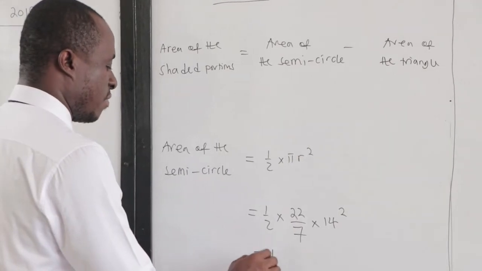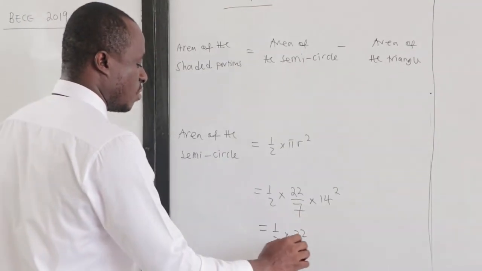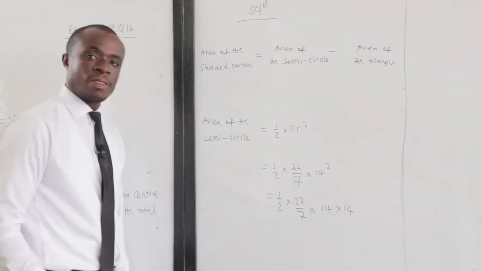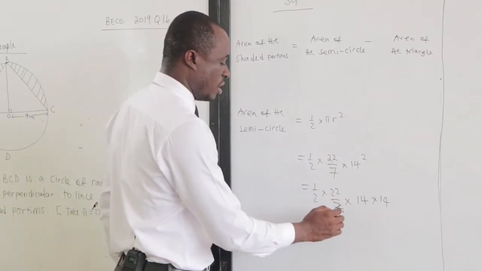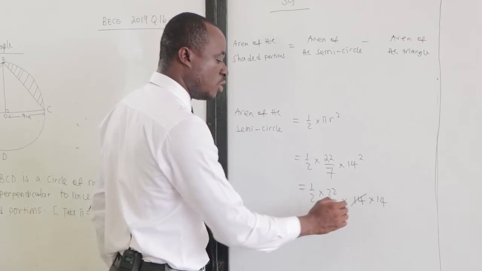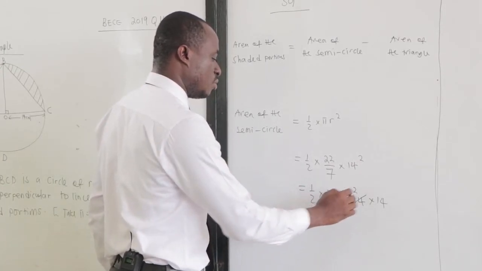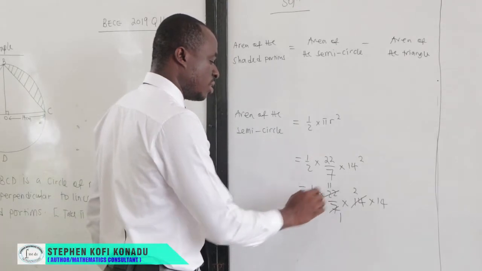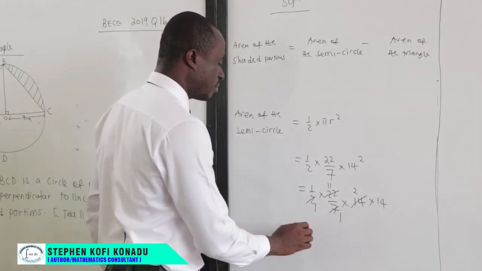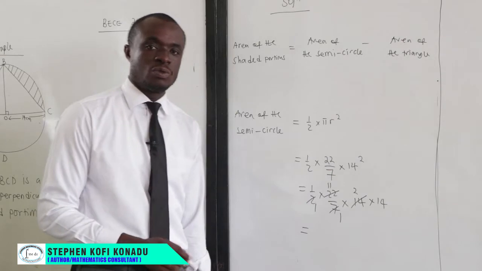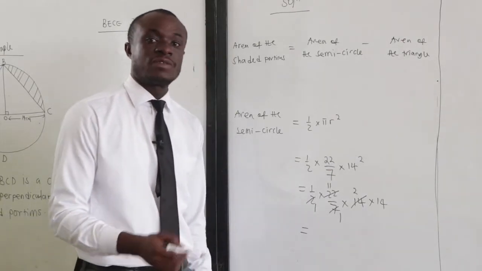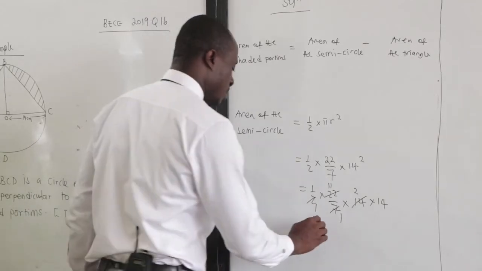So we have half times 22 over 7 times 14 squared, and 14 squared is 14 times 14. 7 goes into 7 once, 7 goes into 14 twice. 2 goes into itself once, 2 goes into 22, that is 11. Now what is 11 times 2? That is 22. What is 22 times 14? 22 times 14 is 308.